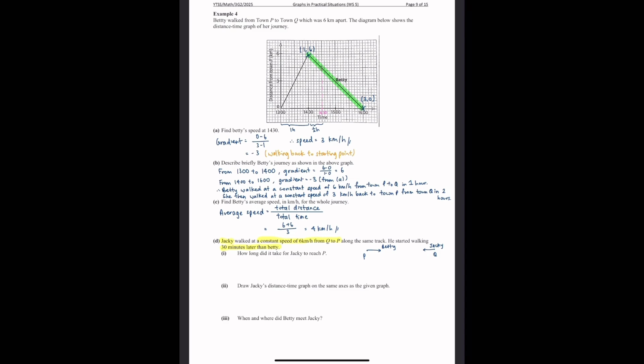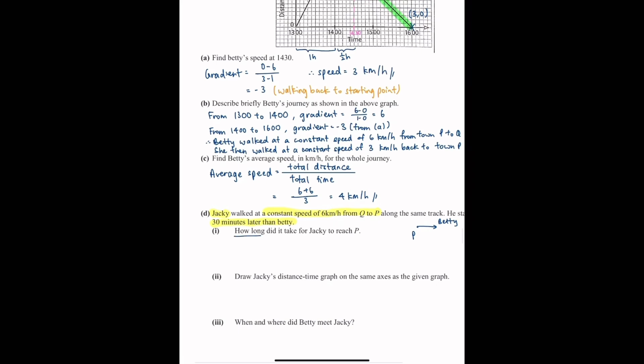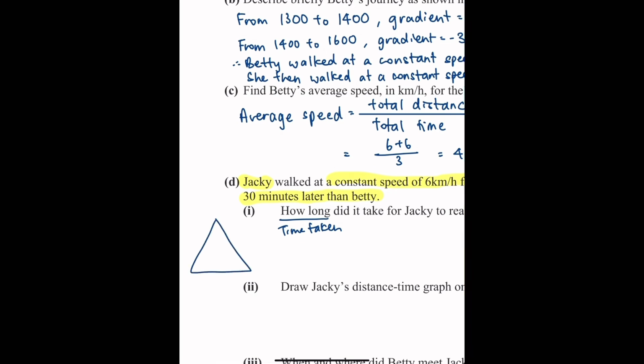Now let's do part 1. How long did it take for Jackie to reach P? How long, meaning the time taken. Let me just draw the triangle to represent the relationship of speed, distance, and time.